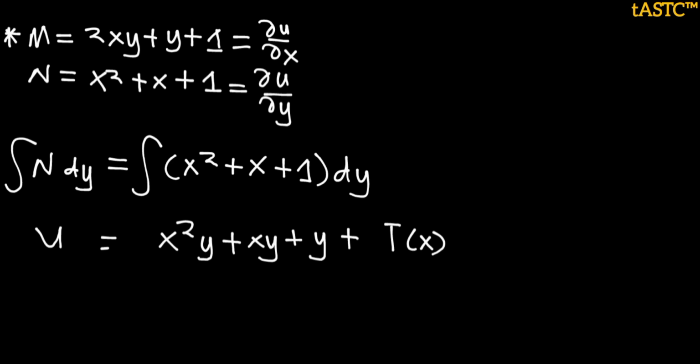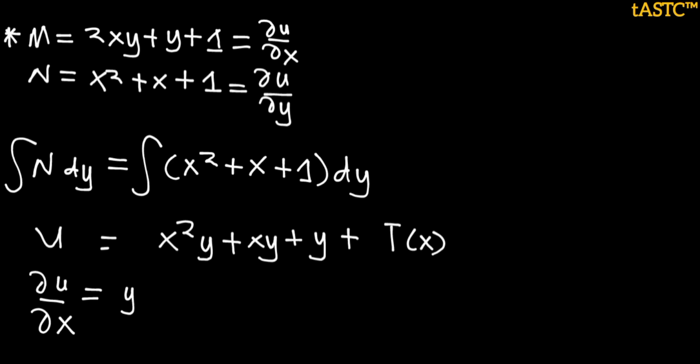Now next up, we need to differentiate this with respect to x. Now we already have a y variable here, so obviously this should be a partial derivative. So this is going to be partial u, partial x. Now I need to differentiate this with respect to x. So y is going to be seen as the coefficient.